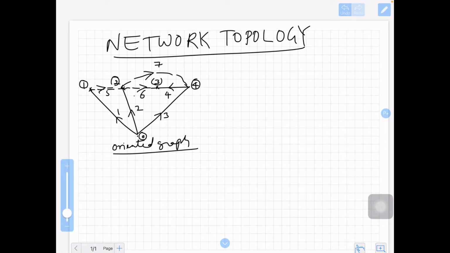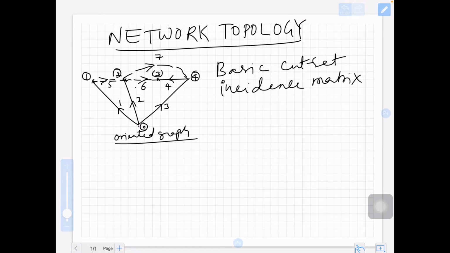Such an oriented graph marked with tree and co-tree we have to consider to write the basic cut set incidence matrix. It is represented by B.